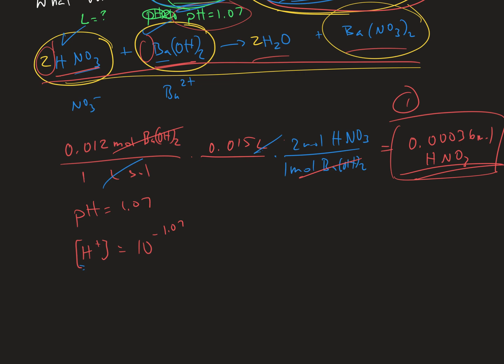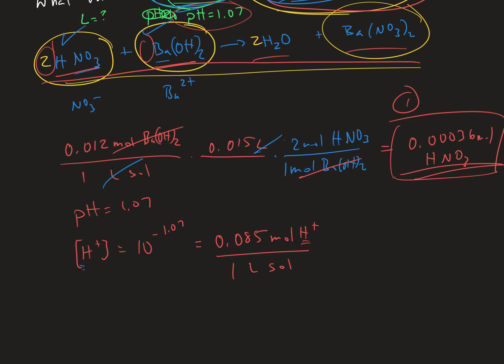So we do that: 10 raised to the negative 1.07, and we get our H plus concentration is 0.085 moles of H plus to 1 liter of solution. Molarity, right?